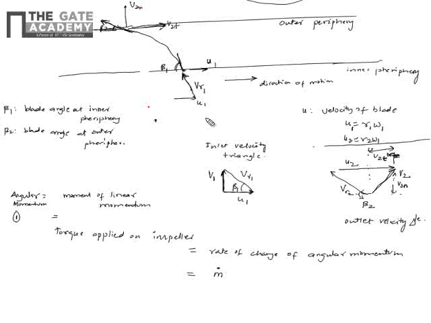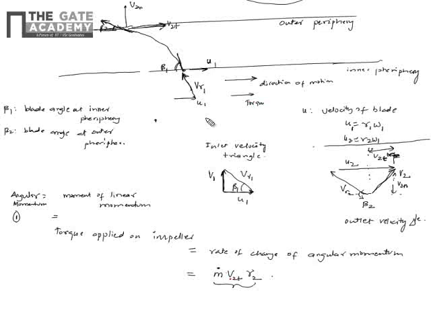V2n passes through the center, because anything normal to a circle always passes through the circle's center, so it doesn't produce any moment. So only V2t times R2 contributes. This is the angular momentum, mvr, at the outlet and inlet. It is in the direction of rotation, and this is how the torque is applied.